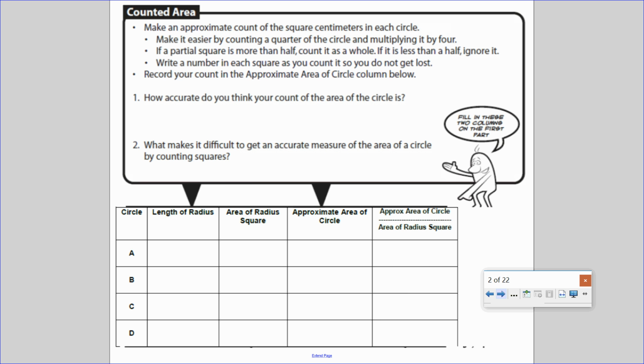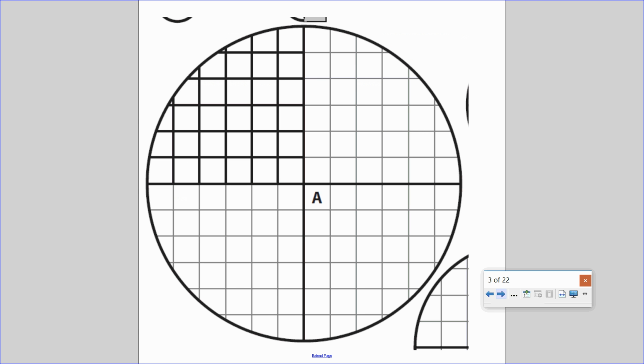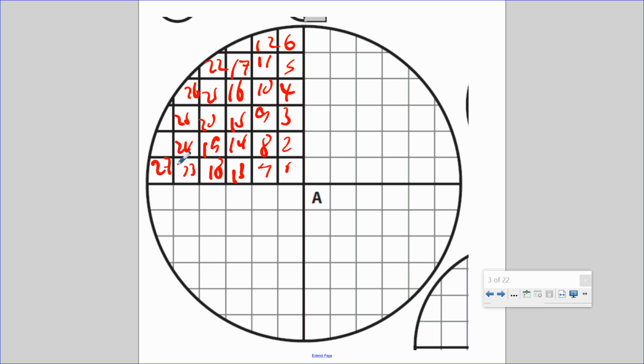For example, we have circle A. What is the approximate area of this? 1, 2, 3, 4, 5. This is more than half. 6, 7, 8, 9, 10, 11, 12, 13, 14, 15, 16, 17, less than half. 18, 19, 20, 21, 22, 23, 24, 25, 26, 27, and these two will make 28.